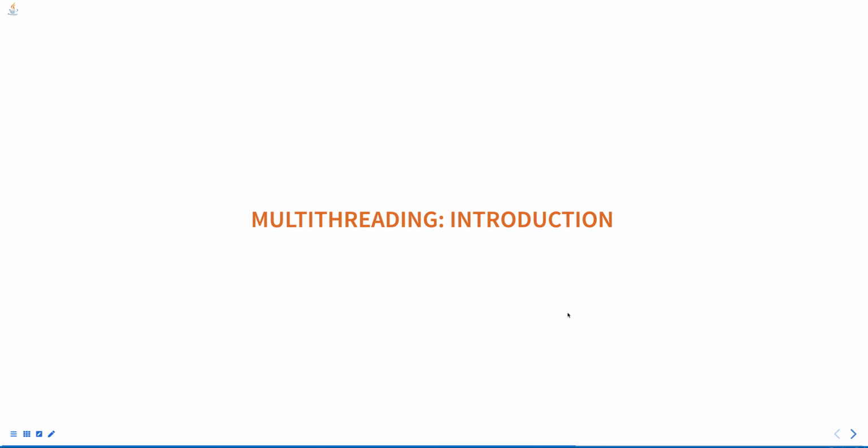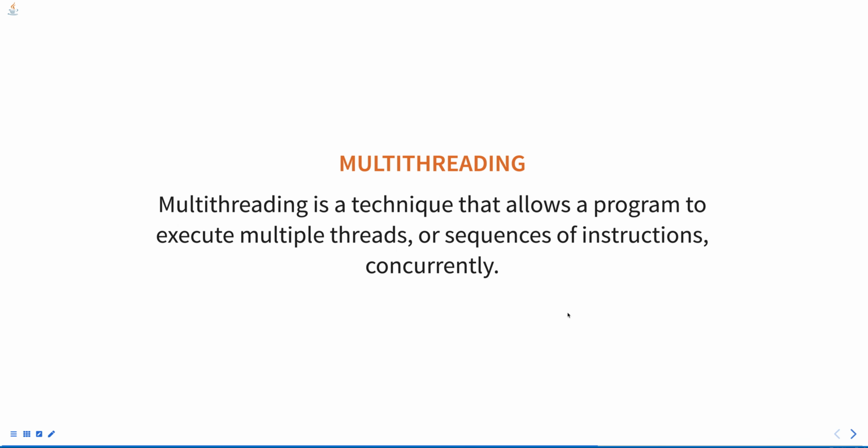In computer science, multithreading is a technique that allows a program to execute multiple threads or sequences of instructions concurrently. This means that multiple threads can run simultaneously on different cores or processors, allowing a program to perform multiple tasks at the same time.